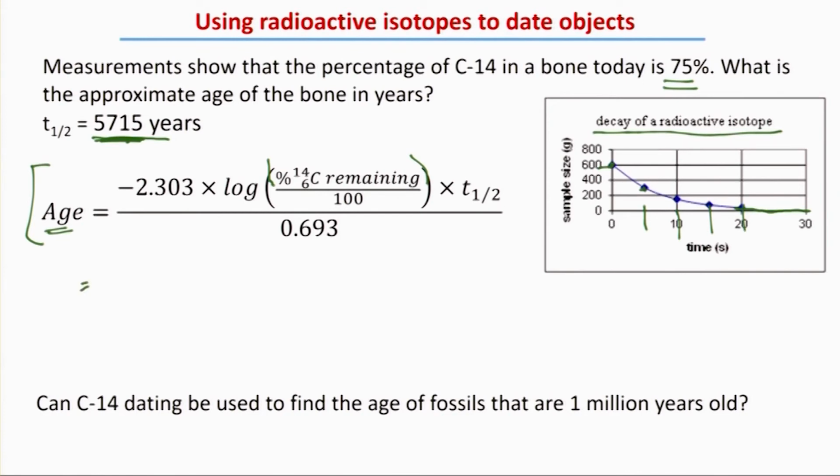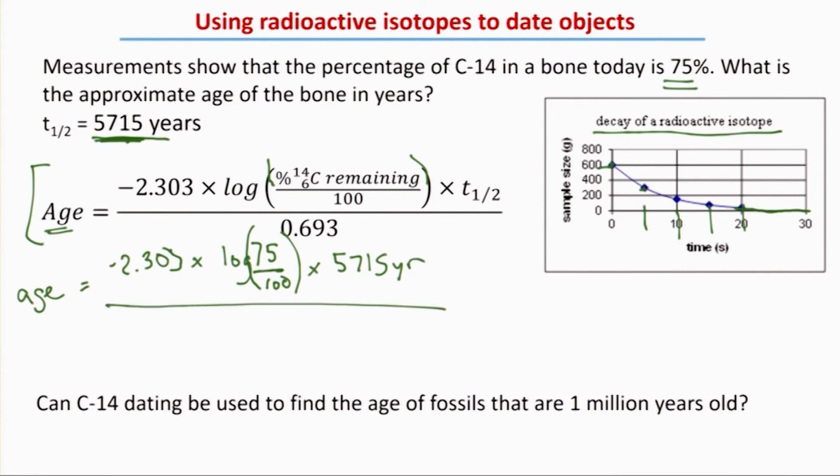All right, so age equals negative 2.303 times the log of the percent carbon-14 remaining, which we are told is 75% for this problem, divided by 100. And you take the log of that ratio right there, times the half-life, which we're told is 5,715 years, all divided by 0.693.